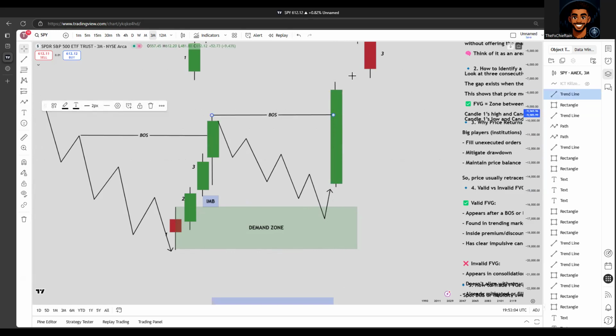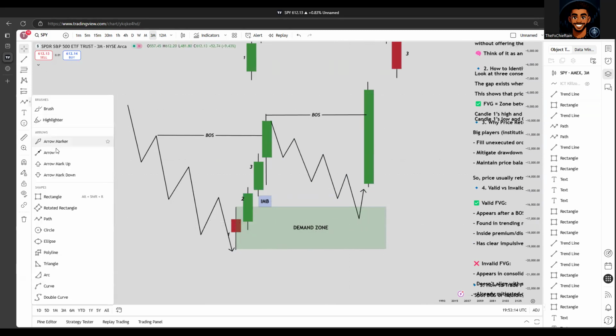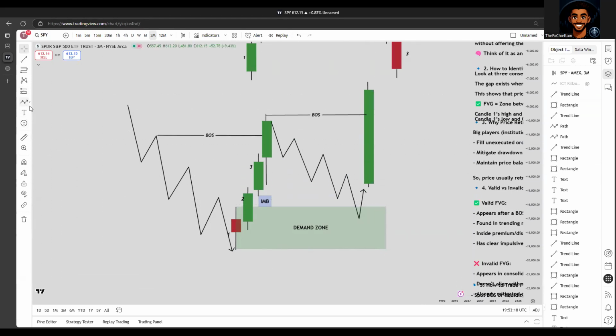All right, so that's what you're going to do. Okay, guys, so this is what it's going to look like. You've bought the market. You got into your entry, and the market has pushed even higher. So this is going to be your entry level.